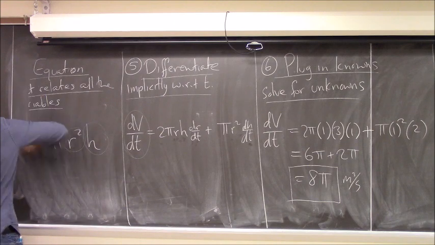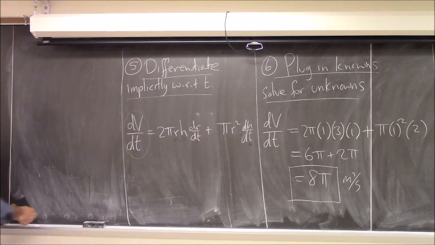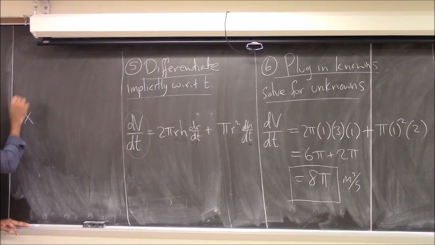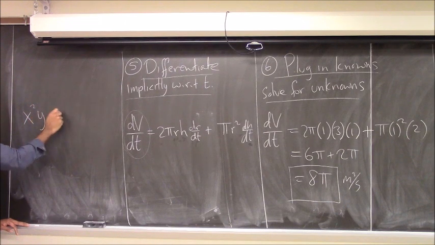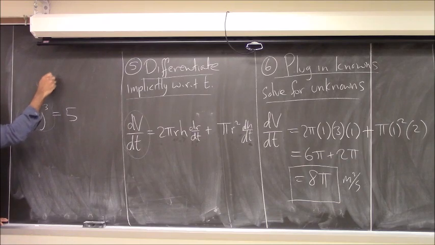Oh, well, so this is kind of going back to implicit differentiation. Remember if you had something like x squared y cubed equals 5 or something similar. Now when we're differentiating this, how did we actually do it, right? We realized that these were 2 functions, but my y was a function of x, right?